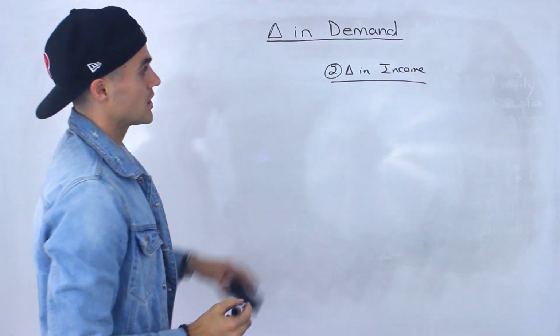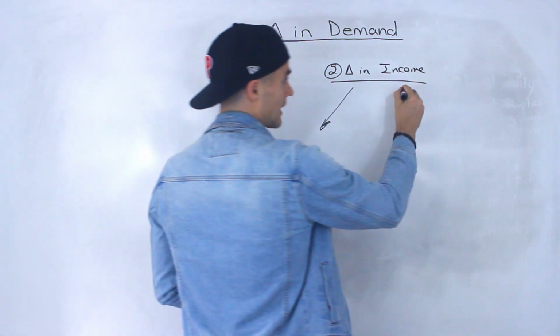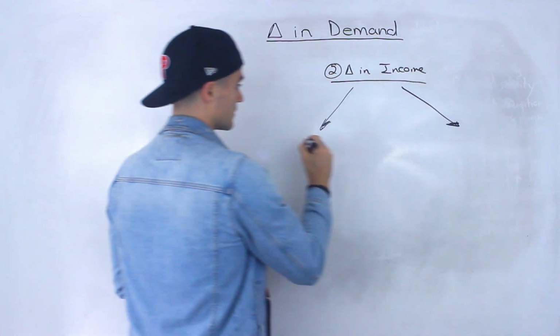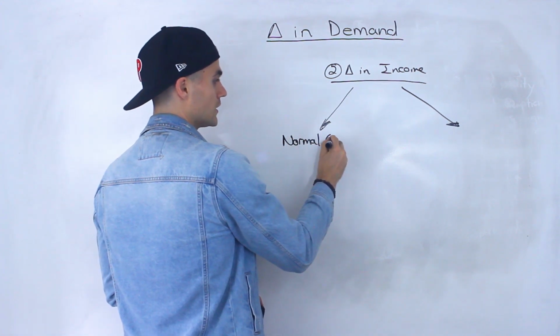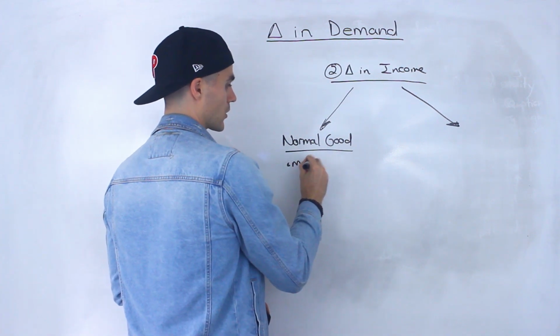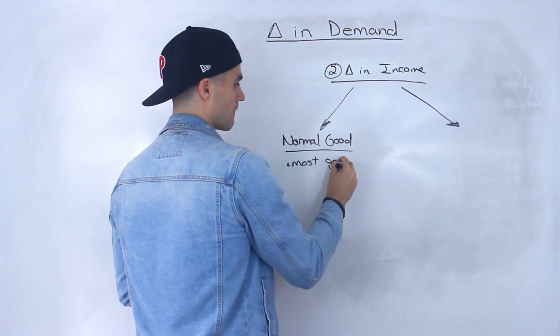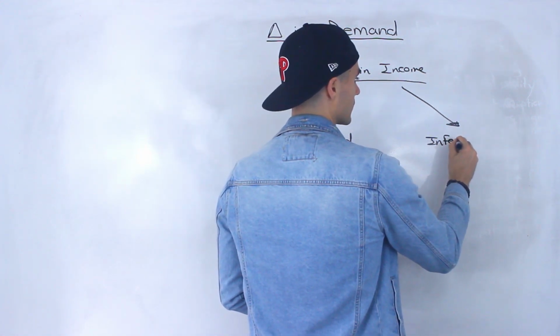Now, a change in income actually falls into two cases. So it depends whether you're looking at a normal good, which by the way is most goods in the market, or whether you're looking at an inferior good.